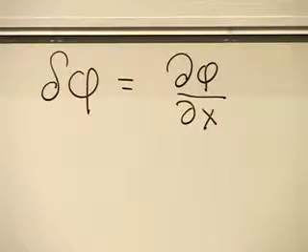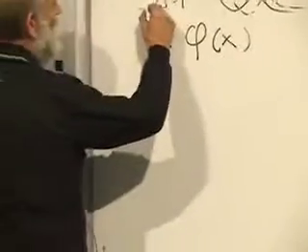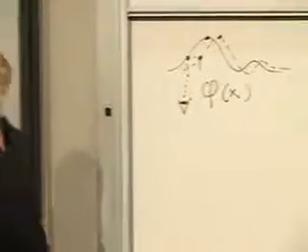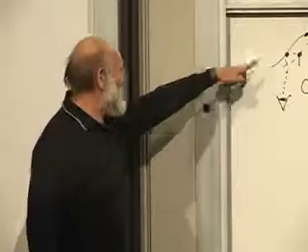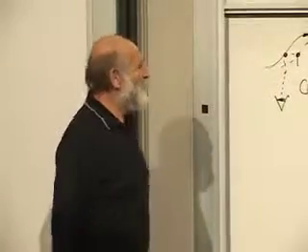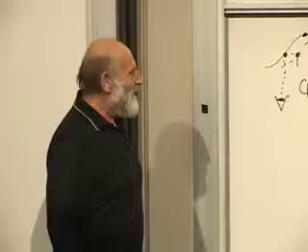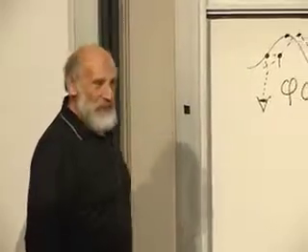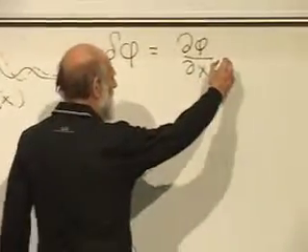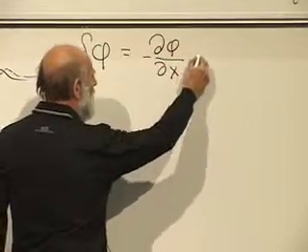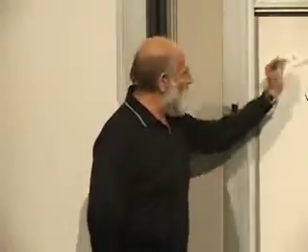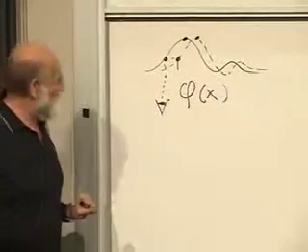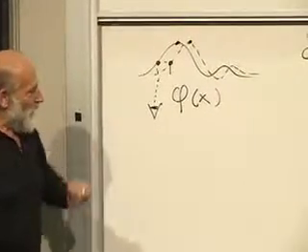Okay, let's check. You think it's minus? I also think it's minus, but I'm not sure why. You're moving backwards. I think it's minus d phi dx times delta x, right? It's either one or the other. It's the rate at which phi is changing times the amount that you shift by. So that's the change in phi.